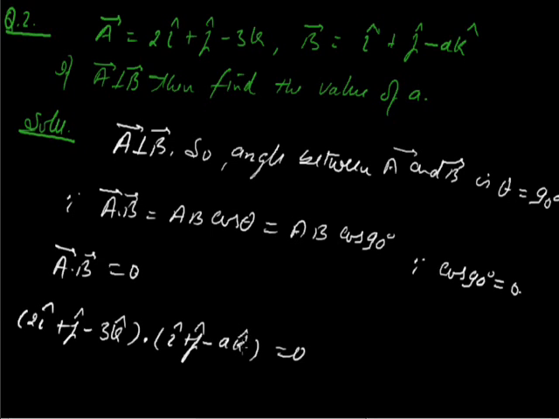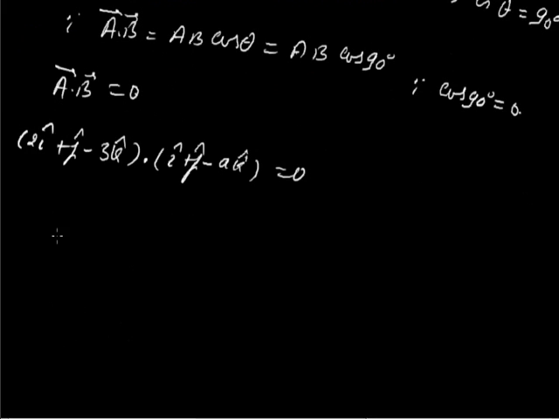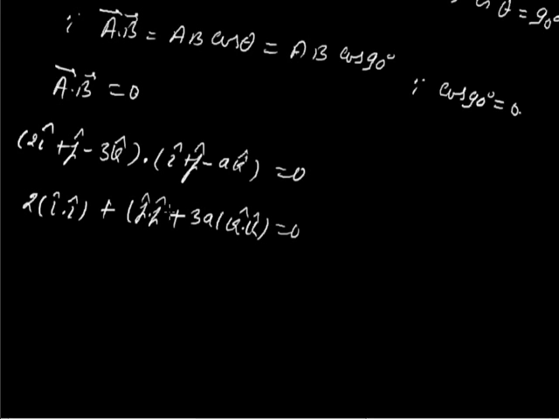On solving it, we get 2 i dot i plus j dot j plus 3a k dot k, that's 0, because i dot i is 1, j dot j is 1 and k dot k is also 1.